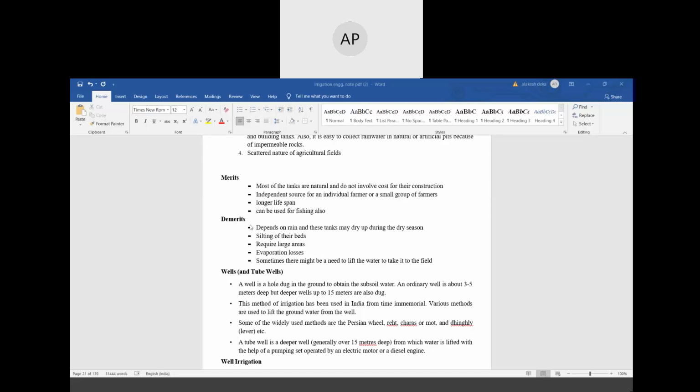Next are demerits. They depend on rain and these tanks may dry up during the dry season. Another demerit may be silting of the beds, and it requires a larger area. There are evaporation losses. Sometimes there might be a need to lift the water to take it into the field.